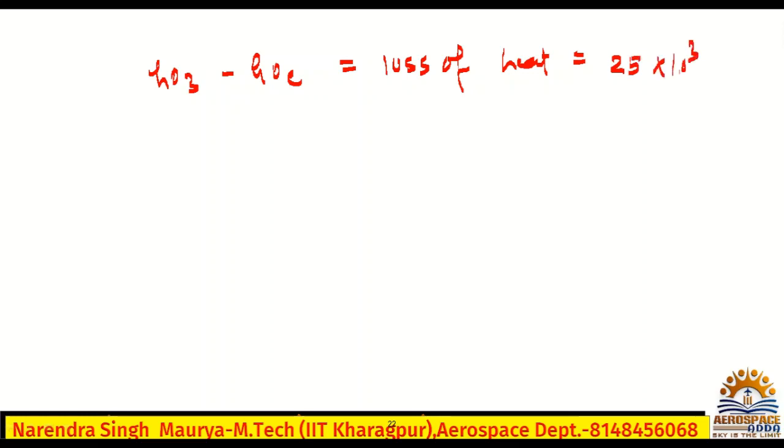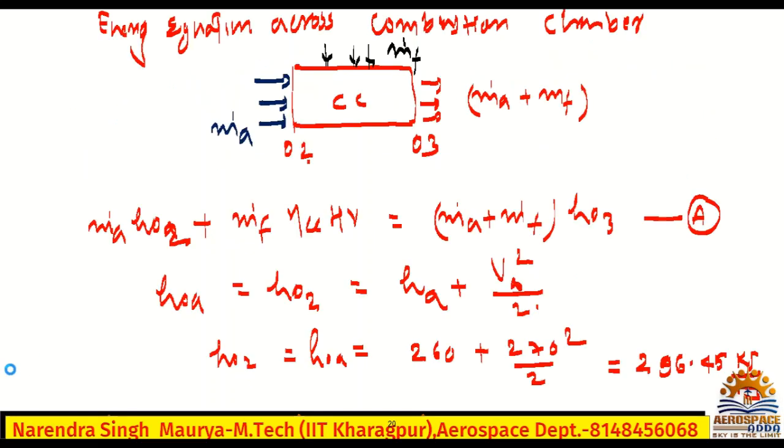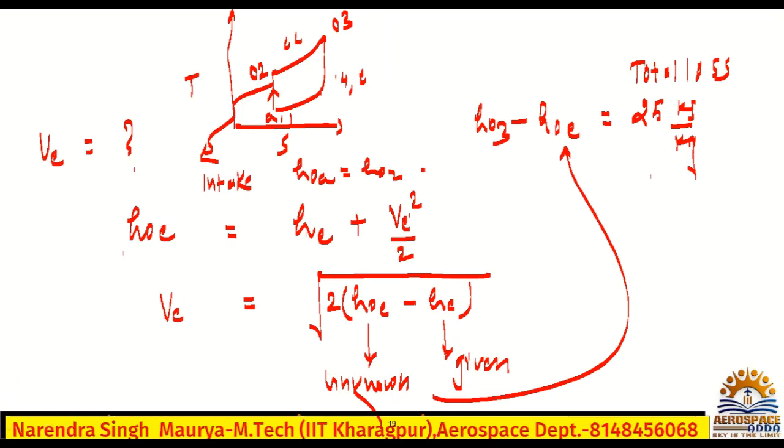All right, we know H naught 3 minus H naught E is equal to loss of heat, which is given 25 into 10 to the power 3. Check previous equation. See here, this value.